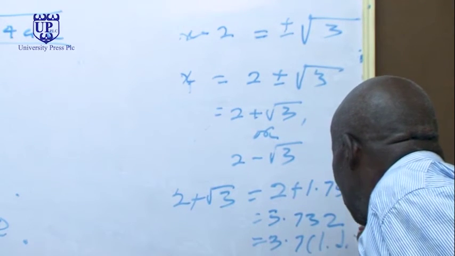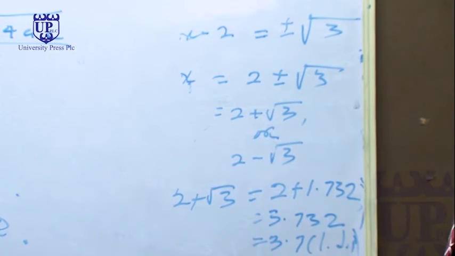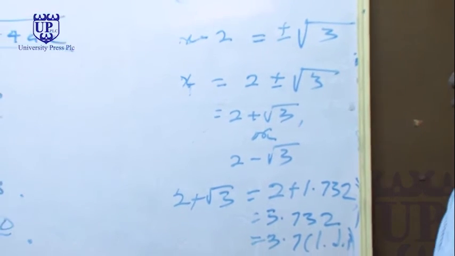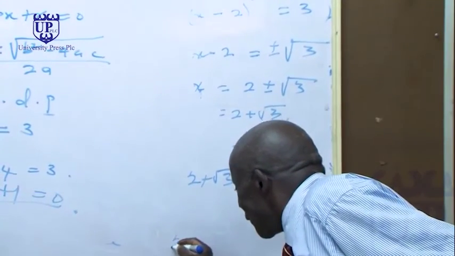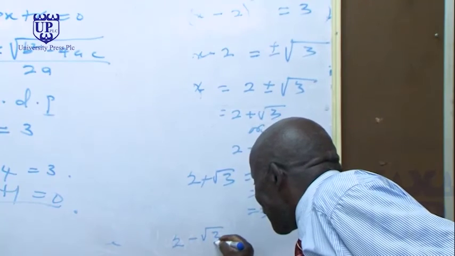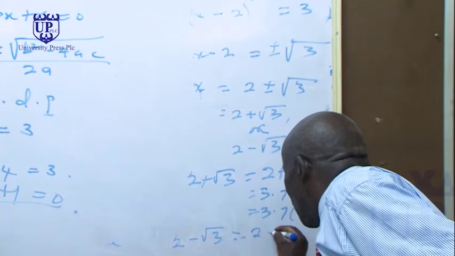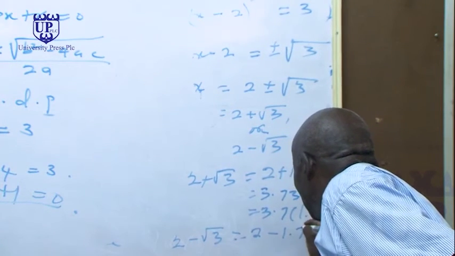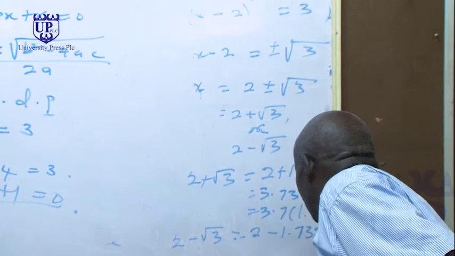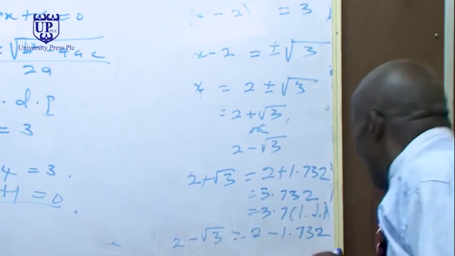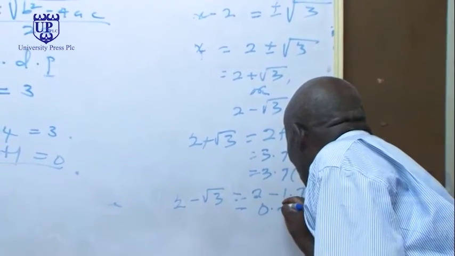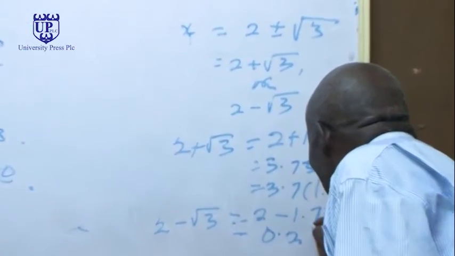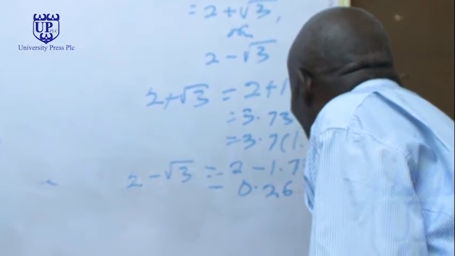And if it's 2 minus root 3, you know there are two values. 2 minus root 3 is the same thing as 2 minus 1.732. And that one will be 0.268.